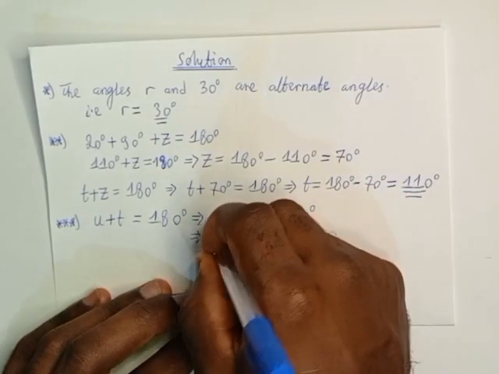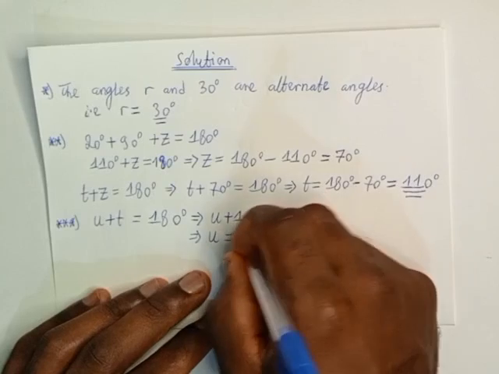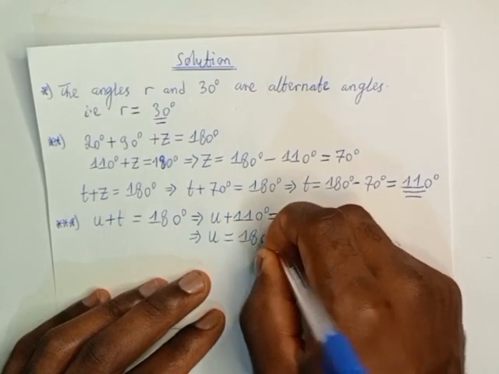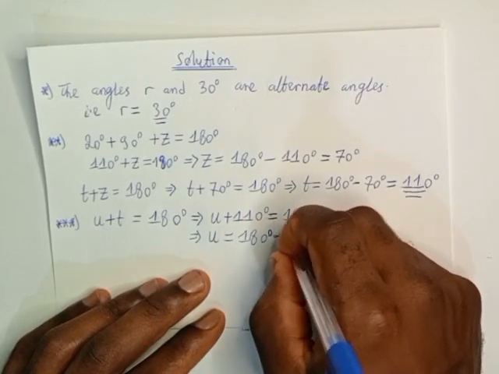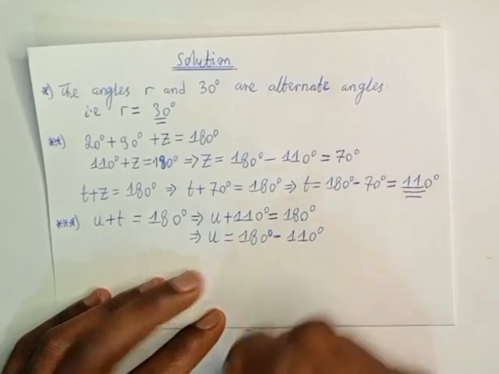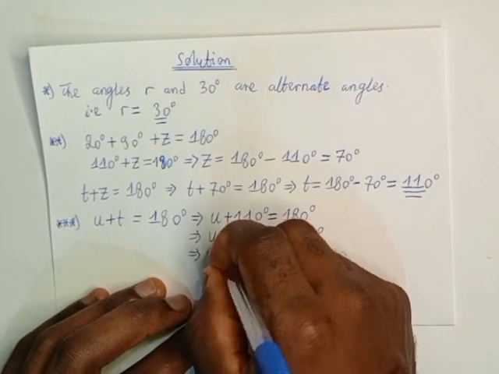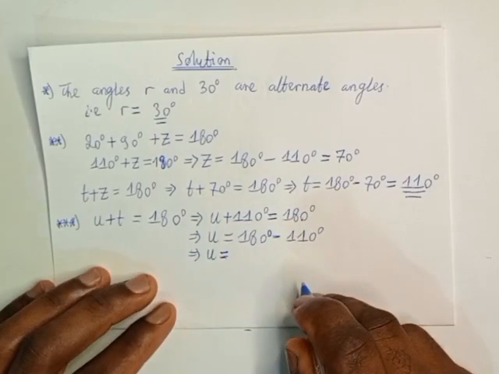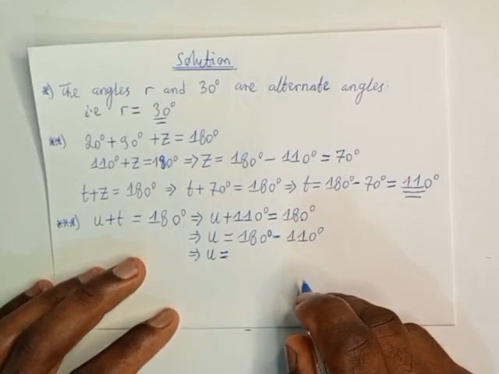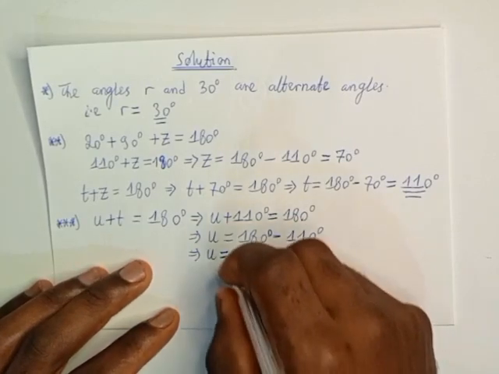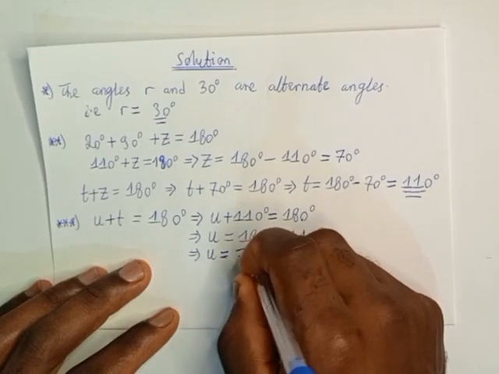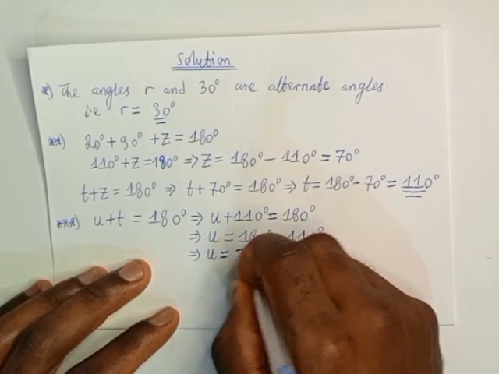If we make the angle U the subject of the formula, U will be equal to 180 degrees minus 110 degrees. This will give us the angle U to be equal to 70 degrees.